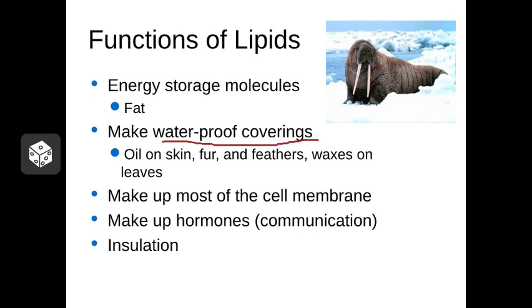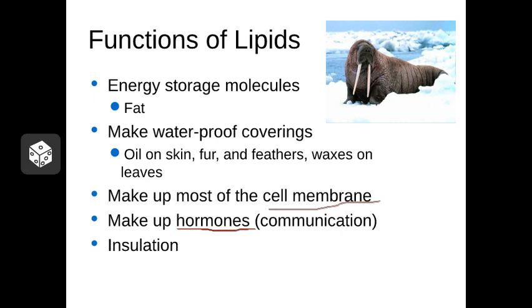So for instance, you have oils on the outside of your skin, and that helps waterproof your body. Some leaves have wax on the outside, and that helps waterproof them as well. Next, lipids are the major component of cell membranes, which we'll see in a minute. And fourth, lipids make up these molecules known as hormones.